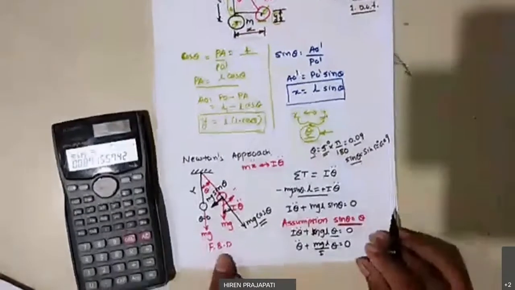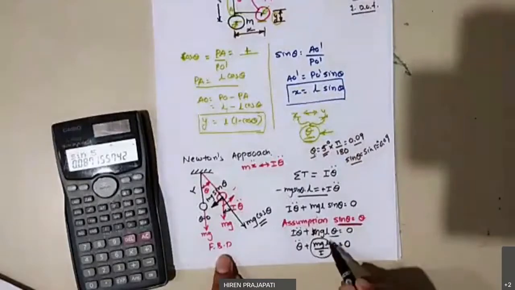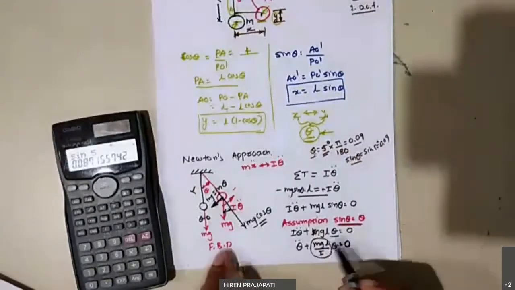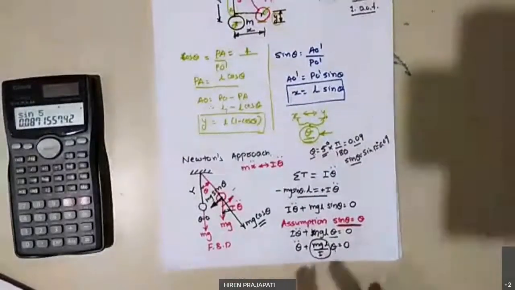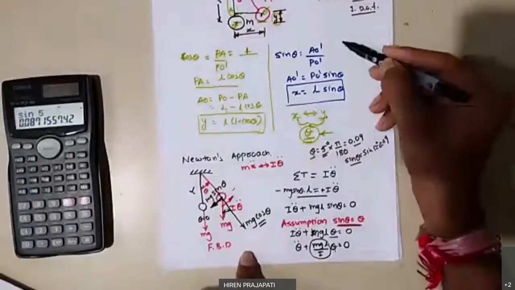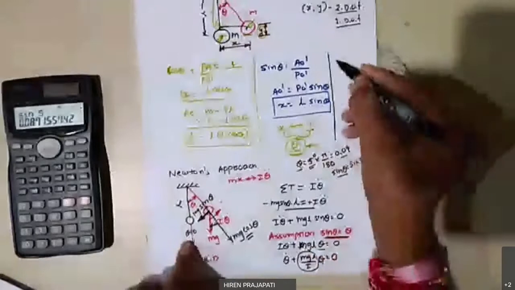Now if you compare this with the simple harmonic motion equation, this multiplier of theta represents what? It represents omega n square.